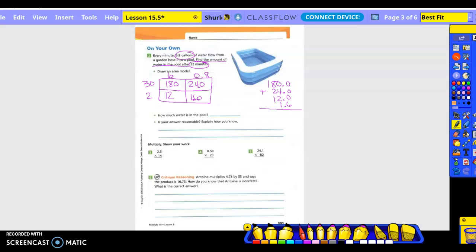What do I do first now? Bring down the decimal. So 6, 4 plus 2 plus 1 is 7. Carry, oh, no, I don't need to carry 1. 8 plus 2 plus 1 is 11. Carry the 1. 1 plus 1 is 2. So 217 and 6 tenths gallons.